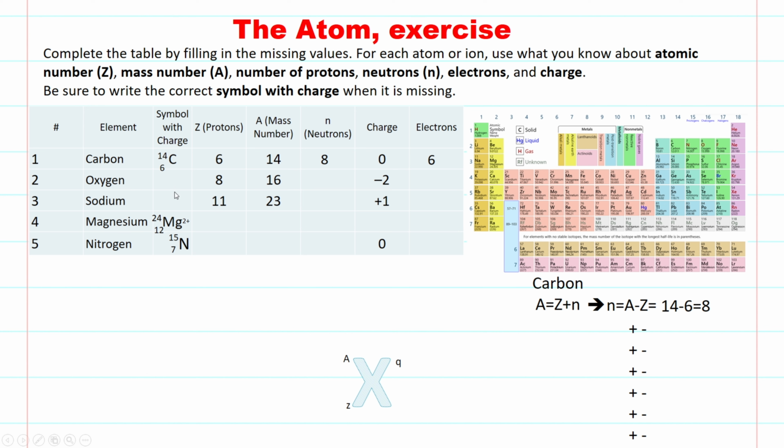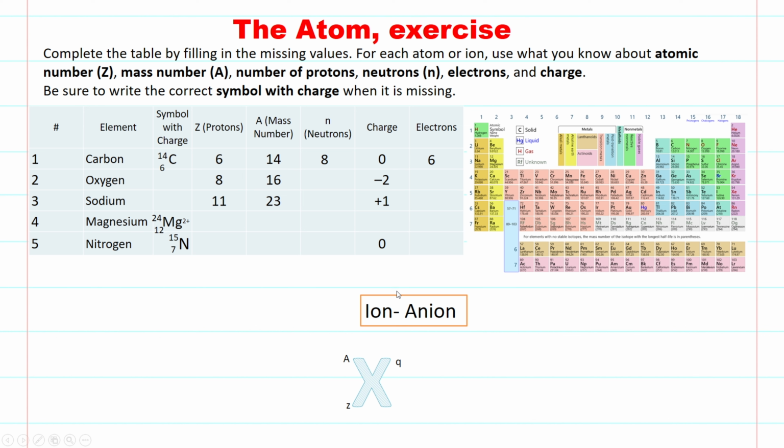Great. Now moving on to row number 2. We are given Z equals 8. The element has 8 protons, A equals 16, and the charge is minus 2. And from the charge, we can understand that it is an ion. Now, let's find the symbol first. Z equals 8, and we know that the number of protons determines the element.